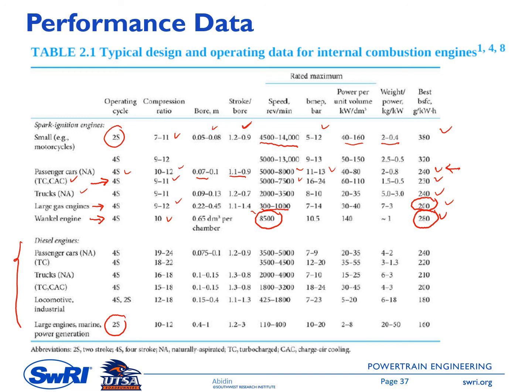Usually the diesel engines have a higher compression ratio than the spark ignition engine. And this is the typical bore size as well as stroke to bore ratio. And diesel engines usually operate at slightly lower engine speed.